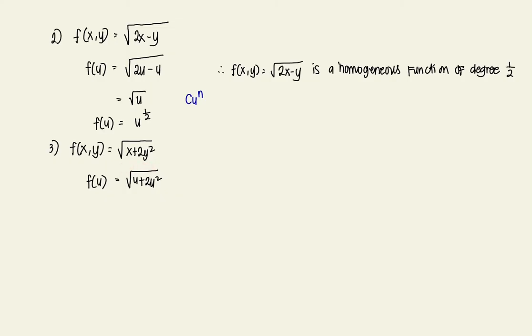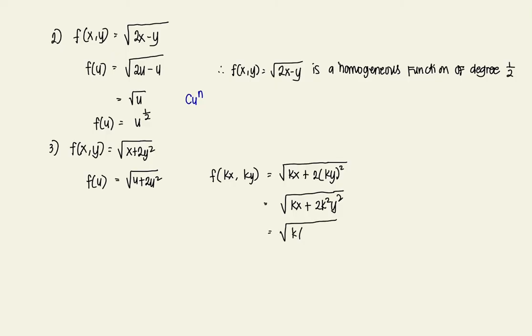Now, even if we use the other method, if we substitute f of kx, ky, replacing x and y here with kx and ky, this would now be kx plus 2 ky quantity squared. And so this would now be kx plus 2 k squared y squared. So square root of, we are going to factor out k, we have x plus 2 ky squared.